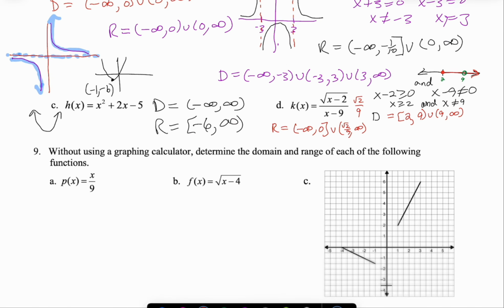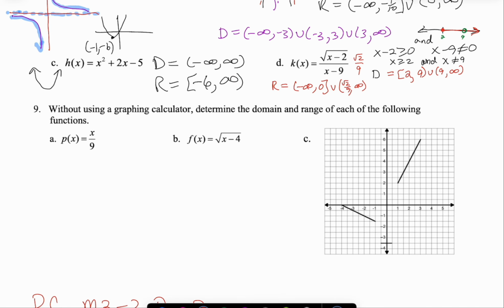Okay, so now they want us to, without using a graphing calculator, determine the domain and range of the following functions. Well, this is a polynomial. It's really the linear function with a slope of 1/9. So the domain is all real numbers. It's a line that stretches up and down.